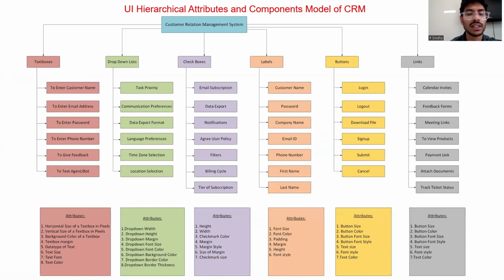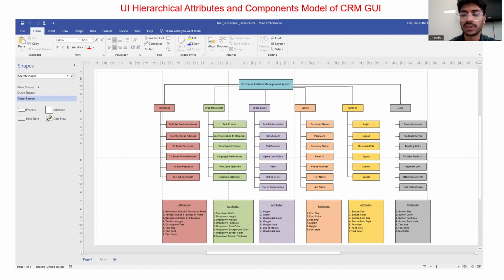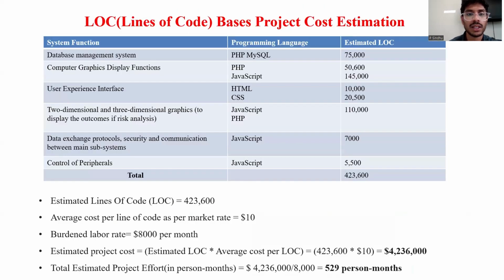And coming to next, it's the UI hierarchical attributes and components model of CRM, which allows us to design the system based on the input types like text boxes, buttons, etc. So we can go ahead and design the attributes like background color, background size, button size, font color, padding details, etc. And this is the graphical user interface where we have used Visio to draw the software diagram.